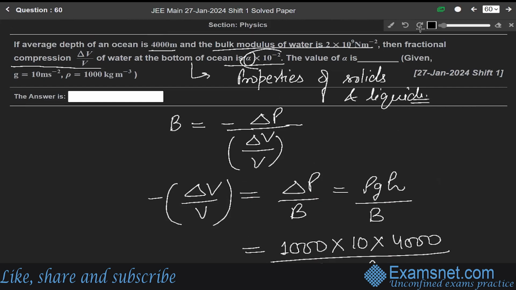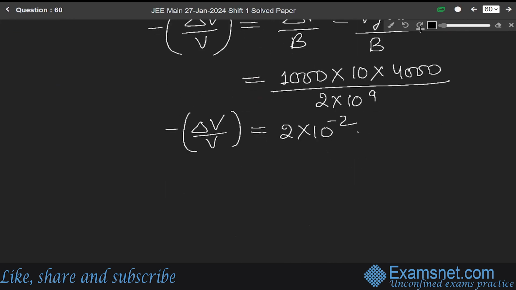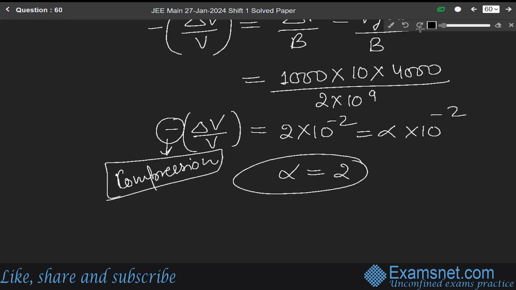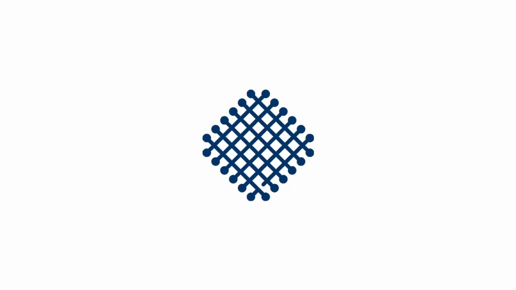Comparing it with the given expression, alpha into 10 to the power minus 2, we get the value of alpha as 2. This negative sign represents the compression. So alpha is equal to 2. This is our final answer.